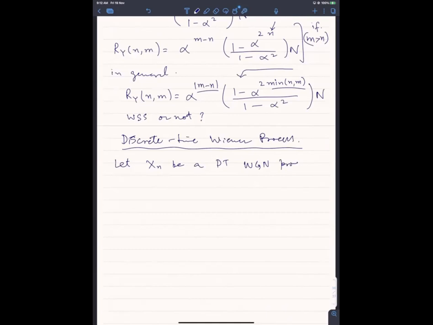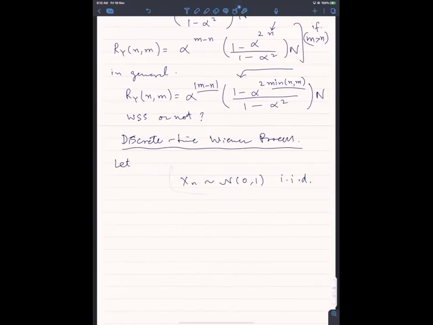It's a Gaussian random process. I write it like this, a discrete time Gaussian random process. X_n is normal 0, 1 IID. In fact, you can just forget about this.